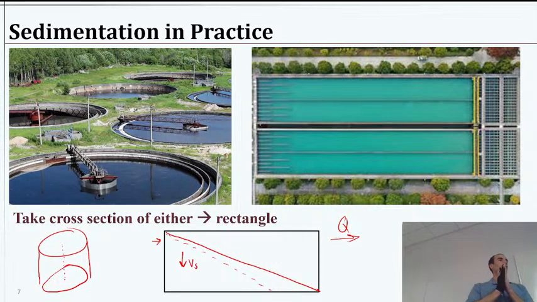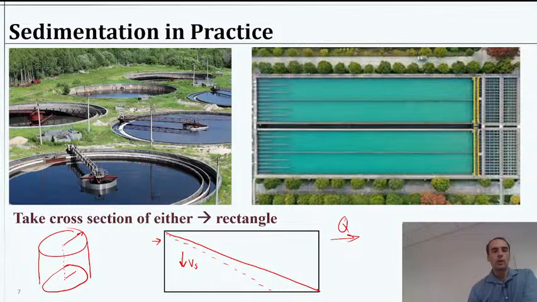So the water in these circular sedimentation chambers is going to flow from the middle, radially outward to the edge of the reactor and be collected. Okay, so that's how they're going to flow. So it doesn't really matter what direction we flow it.